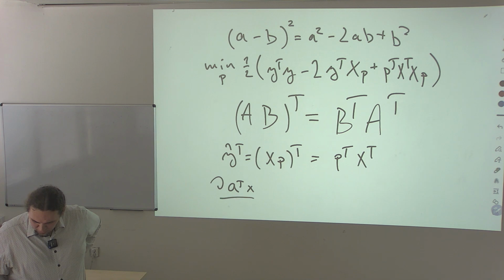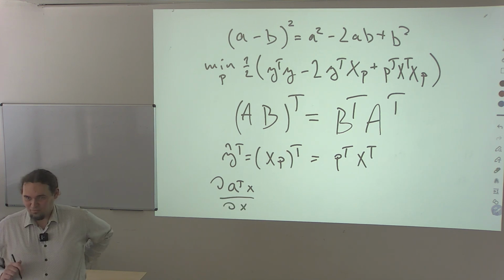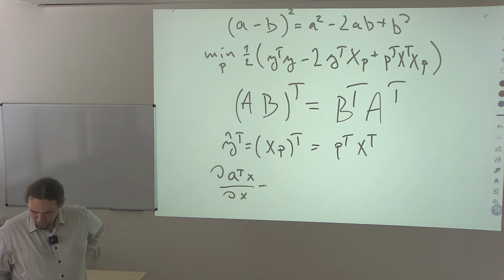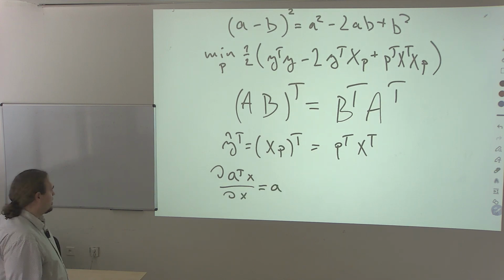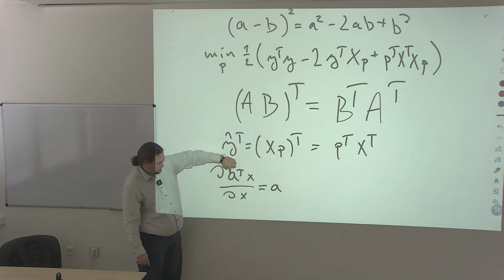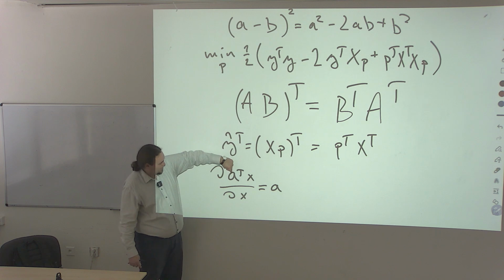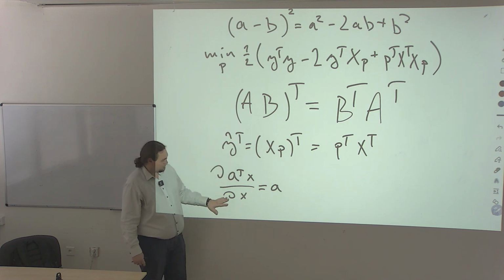So if we do this differentiation in the world of vectors, we actually get the vector a itself. Here it's transposed. The elements of vector x are weighted by the elements of a.